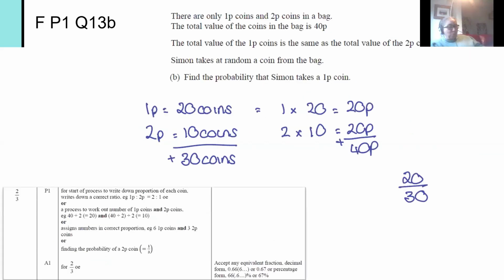Right, the next one is question 13. There is the first process mark for getting the 10 and the 20 coins. And then there was the answer mark because 20 over 30 is equivalent to 2/3. So again, looking for those equivalencies.